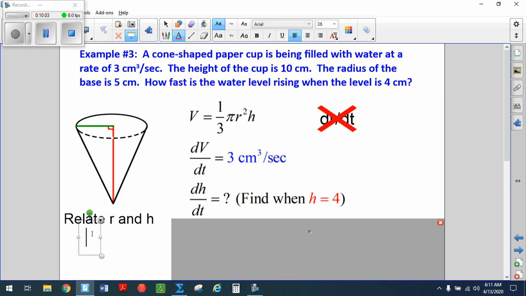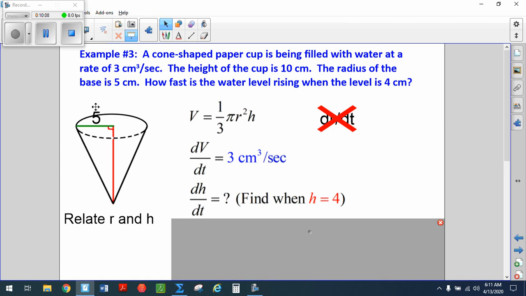So let's see, if I put some numbers here, we said that 5 was the radius and that 10 was the height. And I'll use my blue lines again.